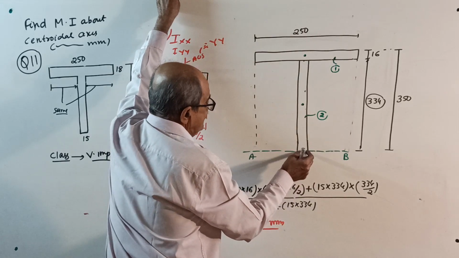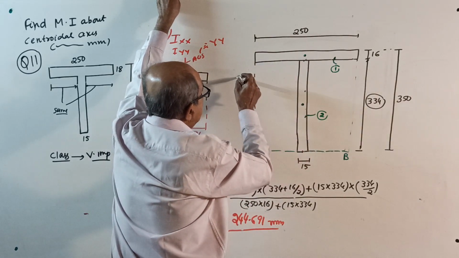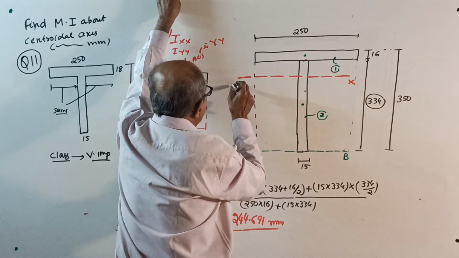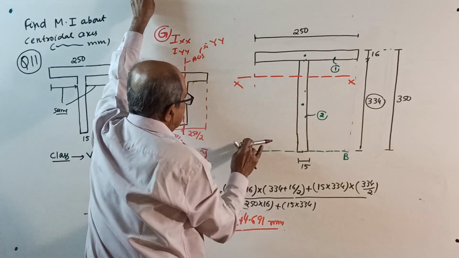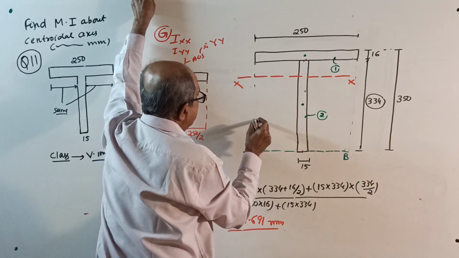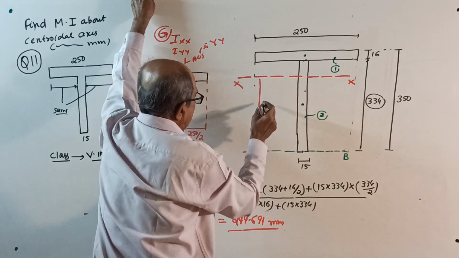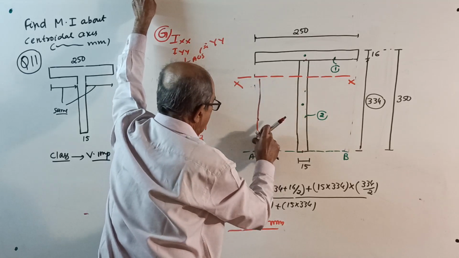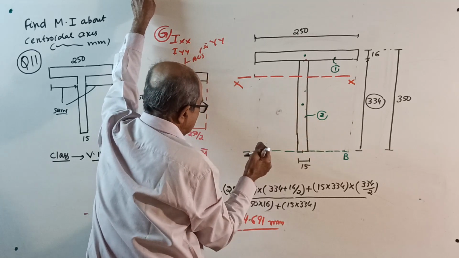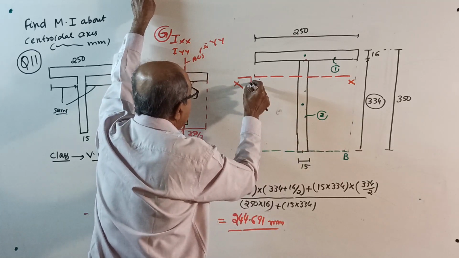Then locate it. 244.691 means, see, this is 334, it will be somewhere here. Exact scale is not required. The x-axis, from here to this distance. It has gone zigzag, okay, no problem, don't bother about those things. Freehand, sometimes it is not possible to write neatly.